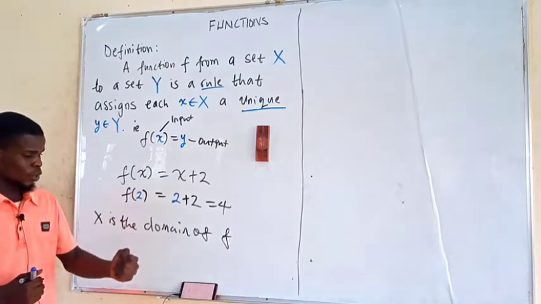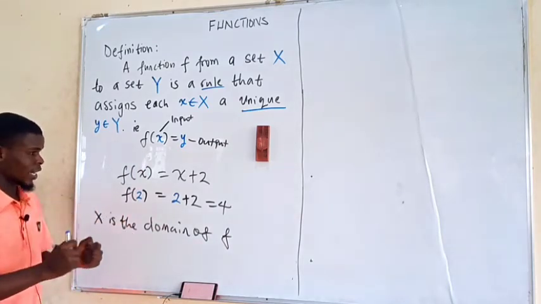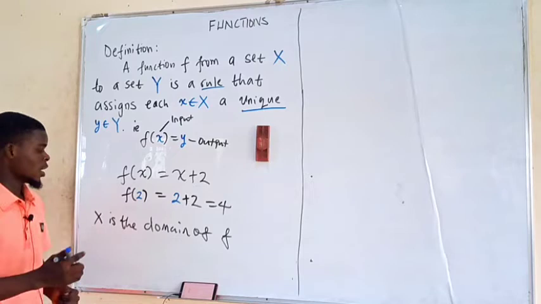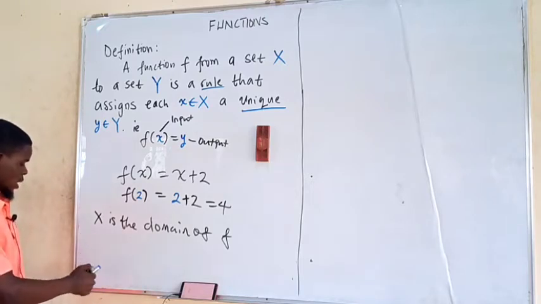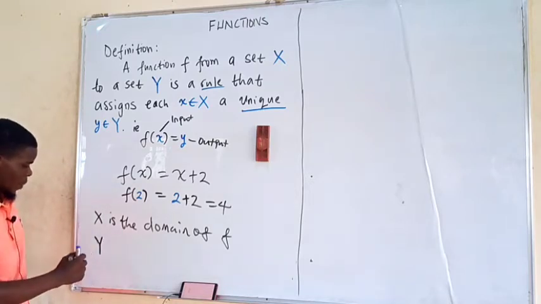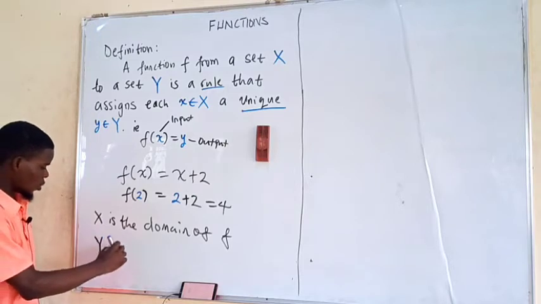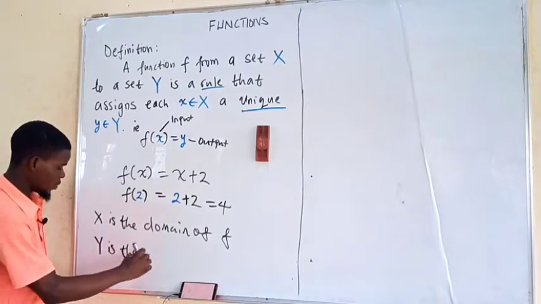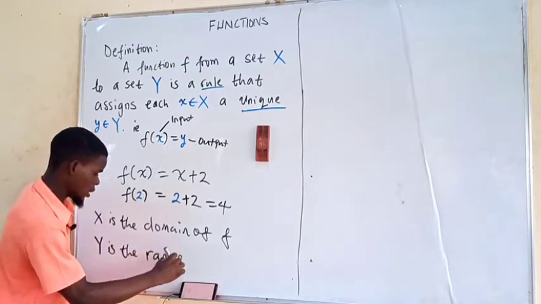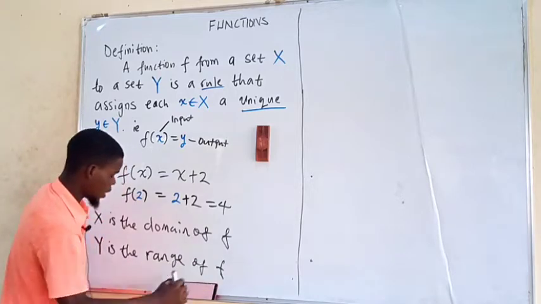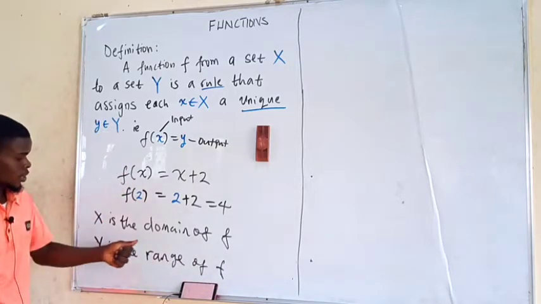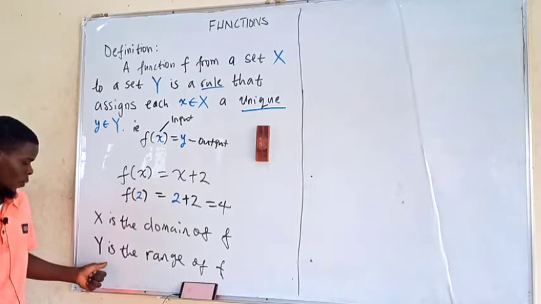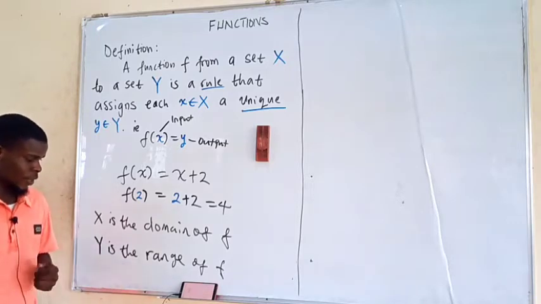Now you get results as long as you plug in something. So the results are stored into a particular set called the range. So this is the range of the function f. So you see here that x is the domain and y is the range of f. Good.